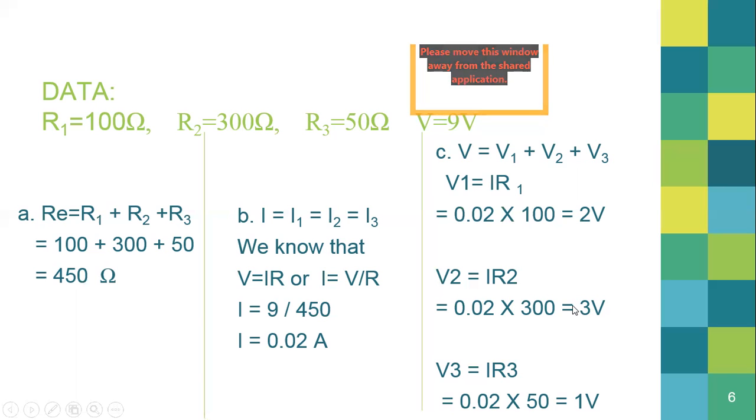It is 6 volt, 300 multiplied by 0.02 is 6 volt. So 2 plus 6 is 8, plus 1, it is 9 volt. Okay, do the correction. Here it is 6.